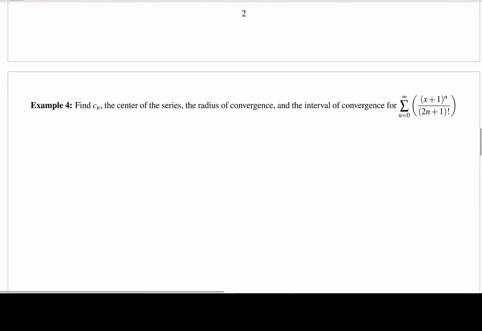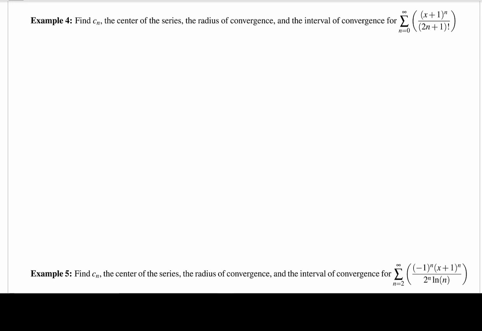All right, now let's move on to example 4. So same general idea here. We start off by finding our c sub n. You should get that c sub n is going to be equal to, well, we already have our (x - a)^n up here. I'm actually going to circle that in maroon because that's the color we'll be using for it. And so then our c sub n will be everything left over.